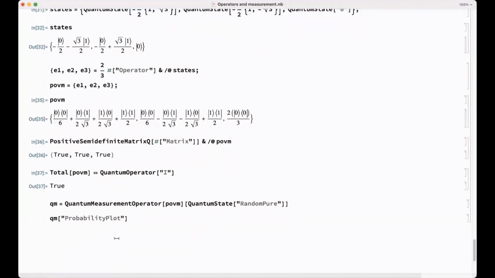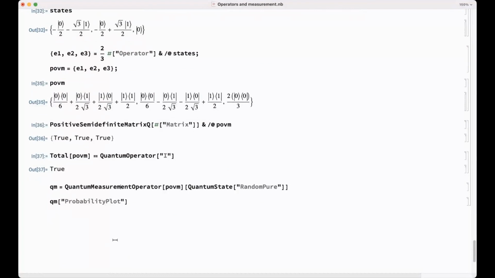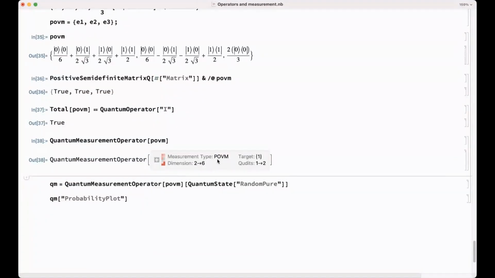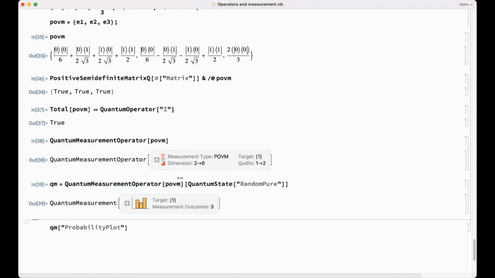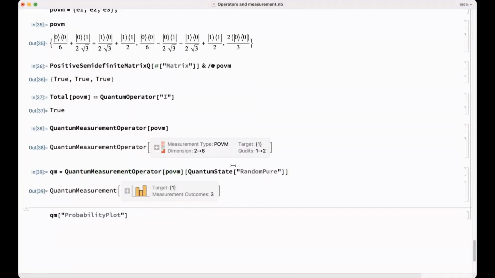But anyhow, long story short, you can have generic measurements. So this time you are going to get something different. Look at here. What is interesting, just look at the summary box: it is not a square matrix anymore. It's a rectangular matrix. That's one fingerprint of a POVM.